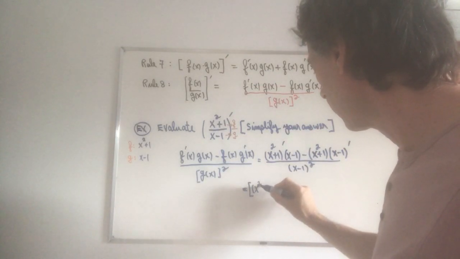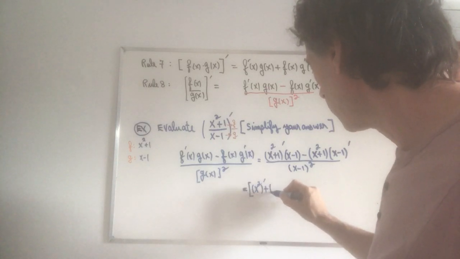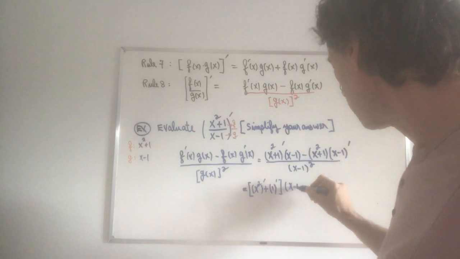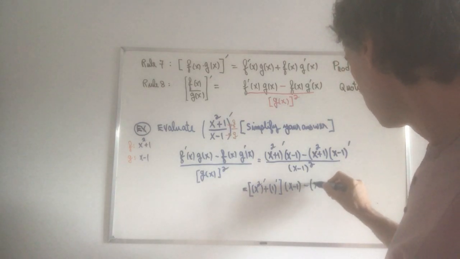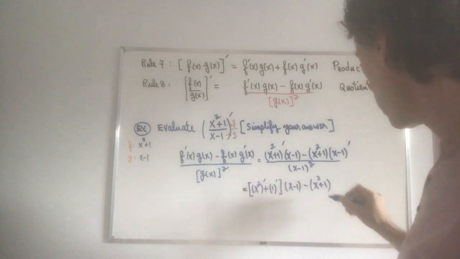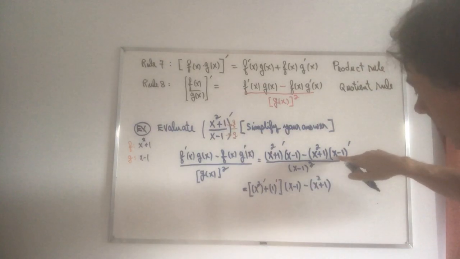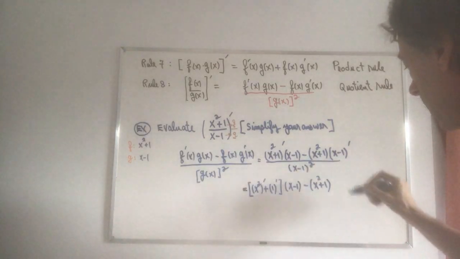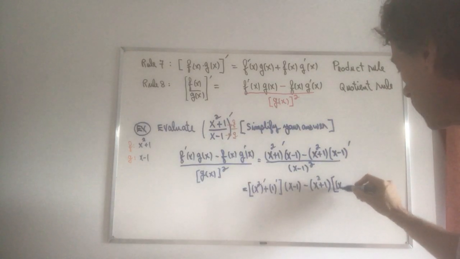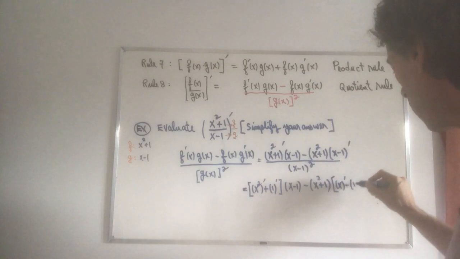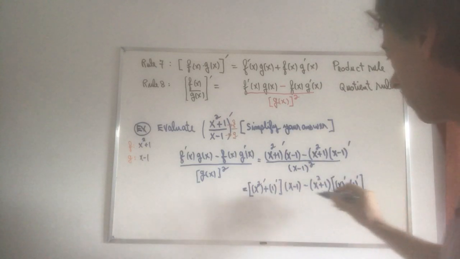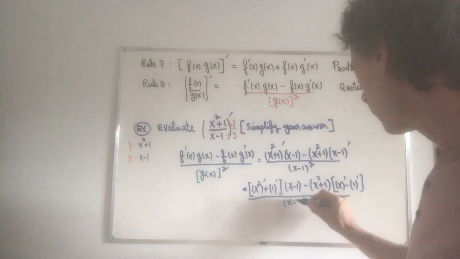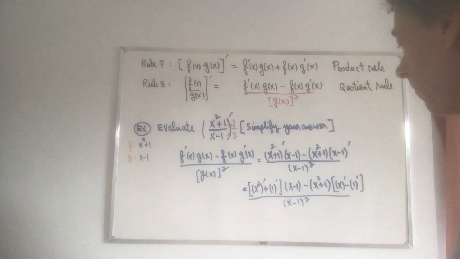X squared prime plus 1 prime times x minus 1 not prime minus x squared plus 1 not prime. And here comes another one. X minus 1 prime, well, it's a minus in between the terms. That's rule 6 again. So this has to go x prime minus 1 prime. Tutti quanti, everything over x minus 1 squared.